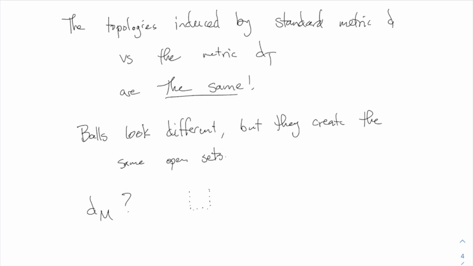Is that any different, or is it the same thing again? I think it's the same thing again, right? I mean, the balls look different, but they would create the same open sets regardless of whether you use a diamond shape or a square shape or a circle shape. It doesn't matter in terms of defining open sets. All right, so this again is the same topology.